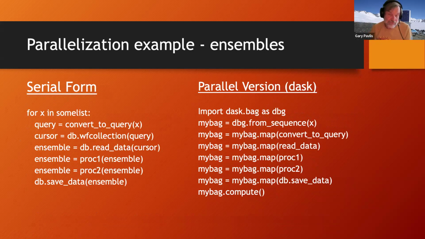This is a similar form for a different thing, which is ensembles. It's the same idea: you're driven by a list to convert to query. You could create an ensemble, and then you process it with the same functions. Pretty much all the processing functions we have in MsPASS now support all 4 data types automatically.